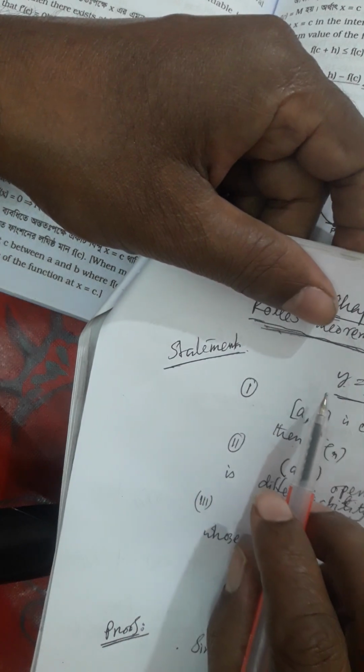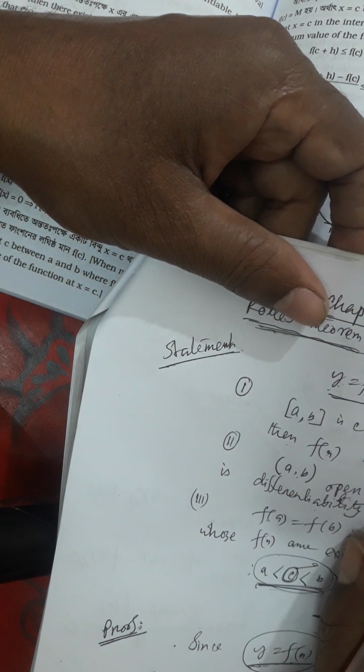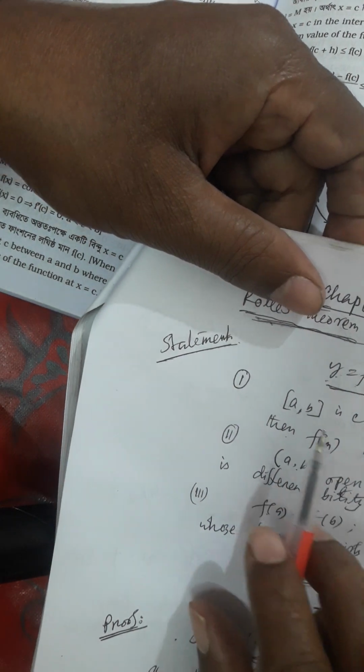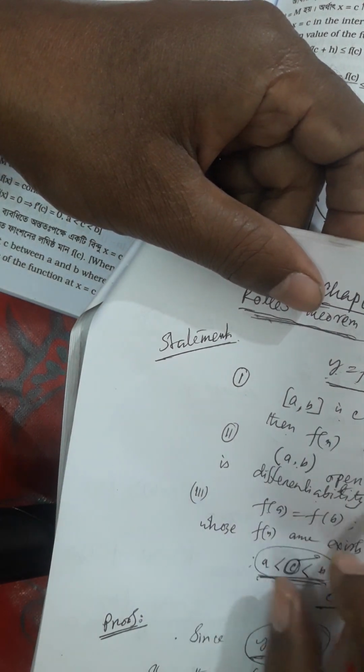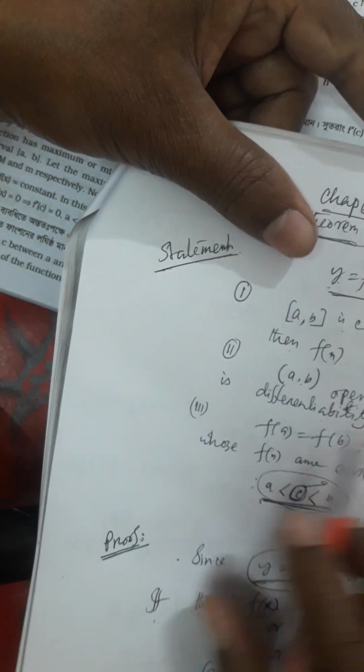Firstly, let us state Rolle's theorem and its application. You have to think of y equal to f of x, a function, with a less than x less than b, whose interval is a to b. On the closed interval a b, f is continuous. On the open interval a b, f is differentiable.